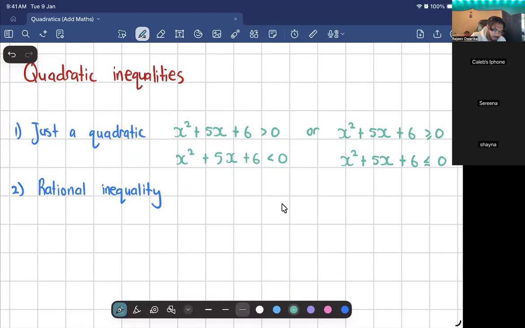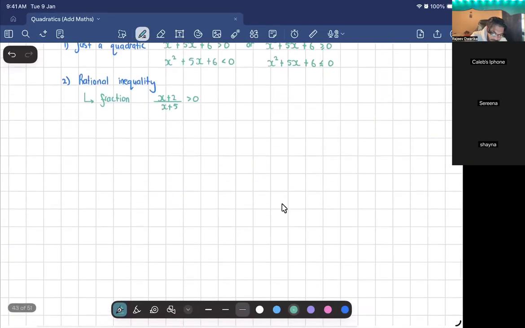Okay, so something is rational if you could represent it as a fraction, right? So when I say rational inequality, I mean something that would look like x plus 2 all over x plus 5, might be more than 0. So these are the types you need to be accustomed with for add maths: just a quadratic and a rational inequality. So let's start off with just a quadratic.